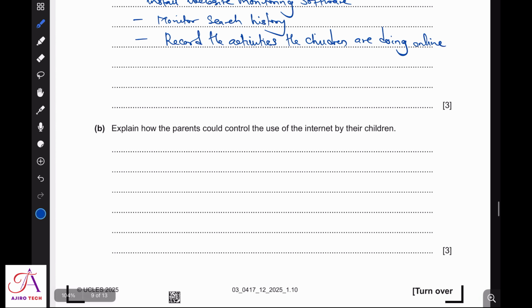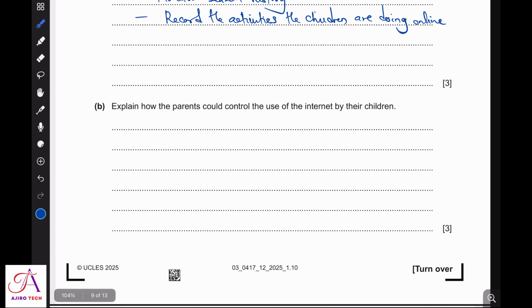Okay, now we have the B. Explain how the parents could control the use of internet by their children. For those who use an iPhone, I always tell parents, just get an Apple device for your children and then put it to safe.